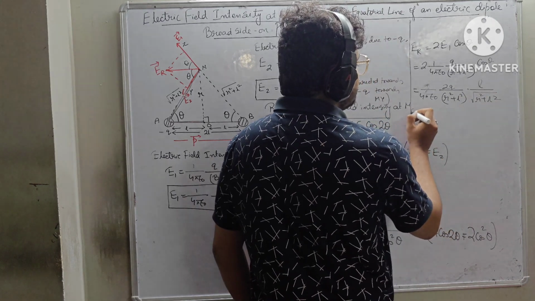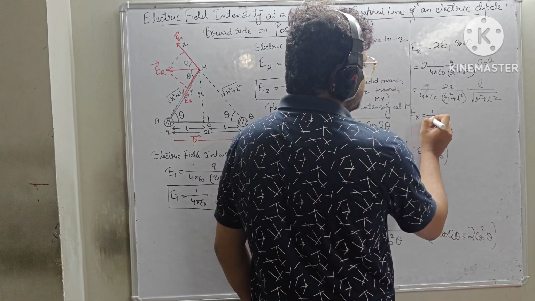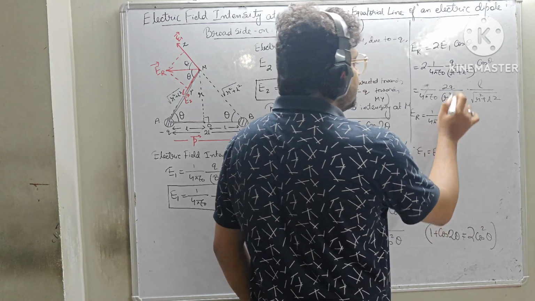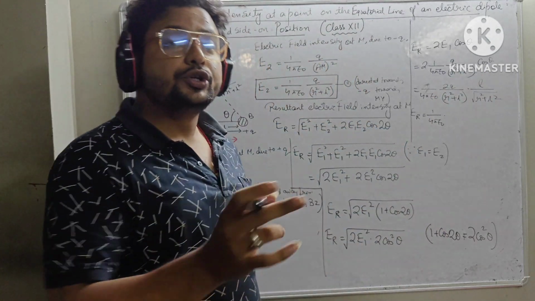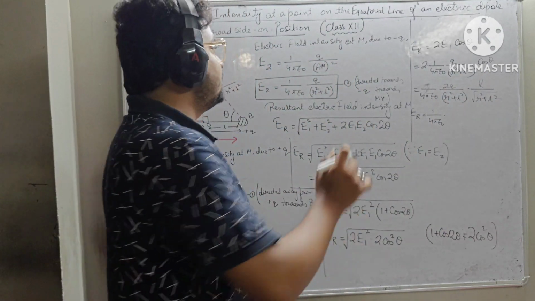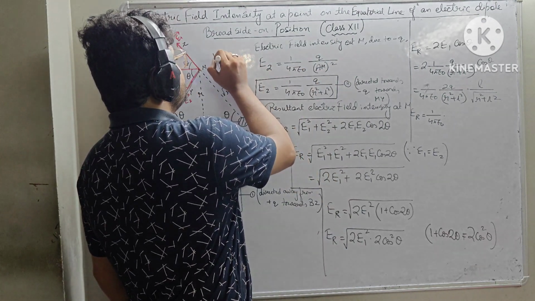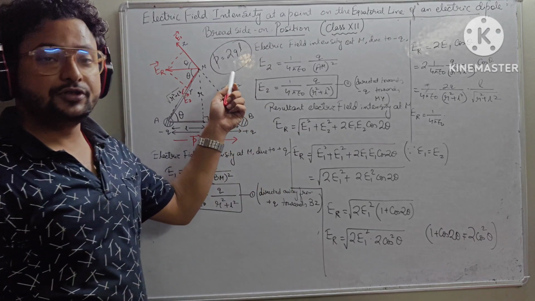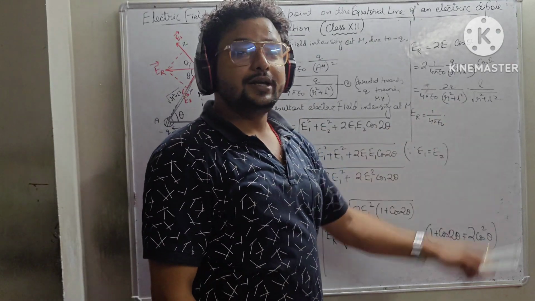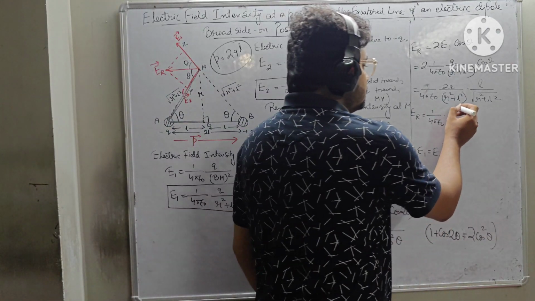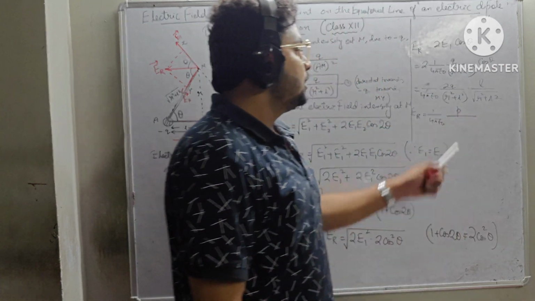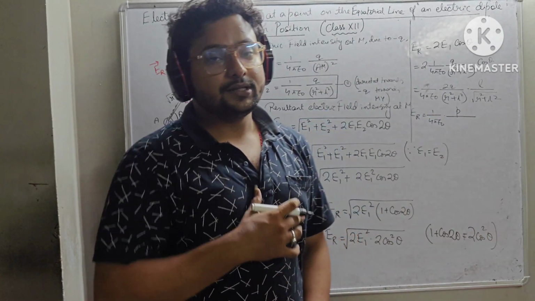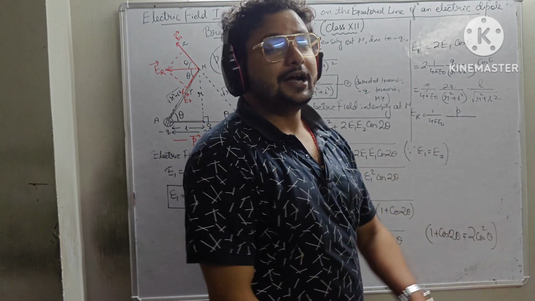Okay. So ER will be 1 by 4 pi epsilon naught. In the numerator we have 2QL. Remember what was the formula for electric dipole moment? Dipole moment's formula was 2Q into L. This was the formula for electric dipole moment. So 2QL can be replaced with P, the electric dipole moment. Okay. In the denominator we have R square plus L square multiplied by root over R square plus L square.